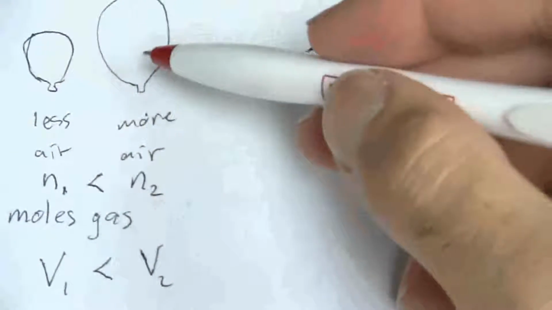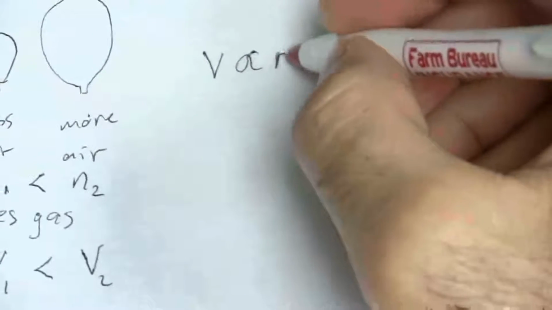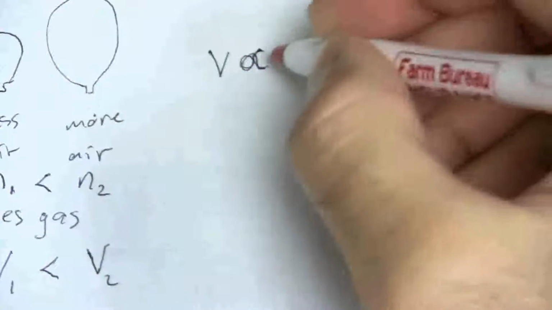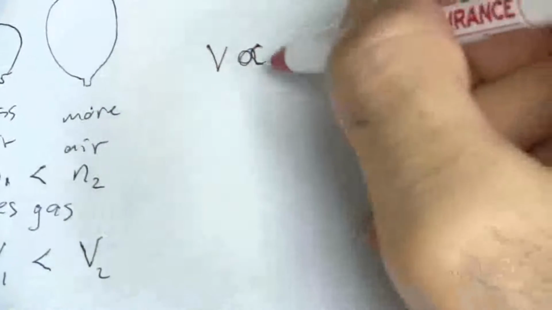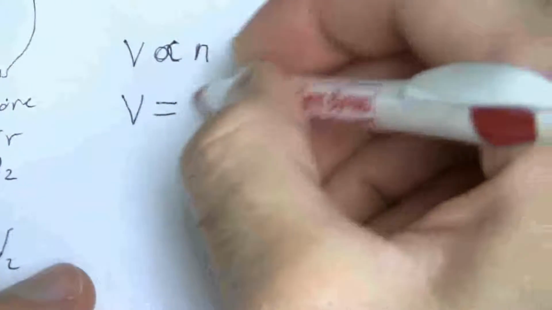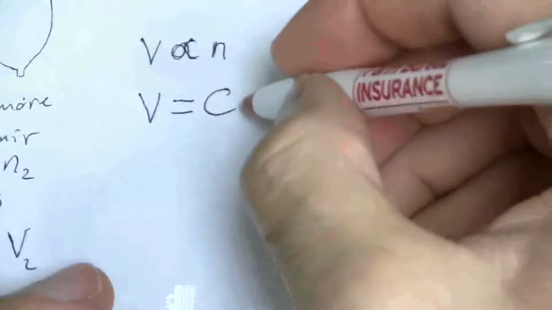As the moles increase, so does the volume, so that is a directly proportional relationship. So volume equals, again, some arbitrary constant times moles.